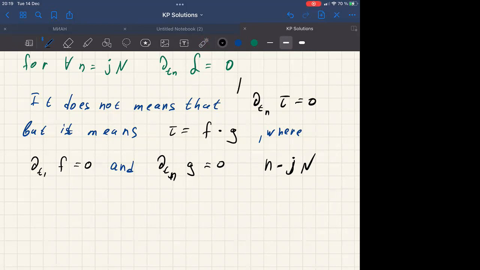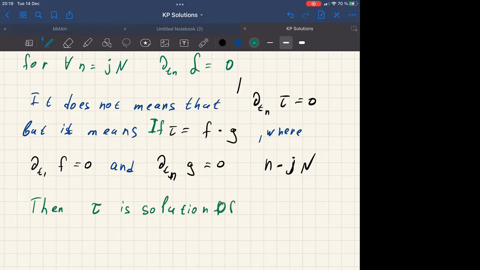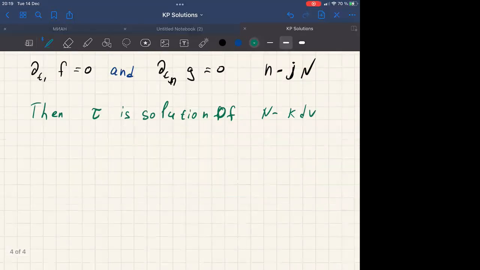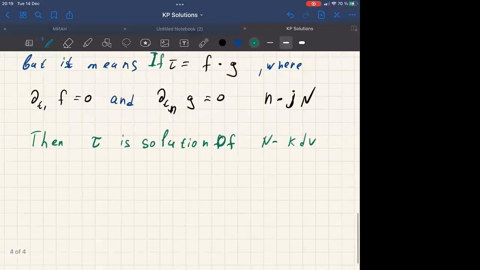If we have this, then tau is a solution of MPD. I guess it doesn't. Okay, I don't know. Does it work the other way? Can any solution of LPDB be written this way? But I guess probably it does.